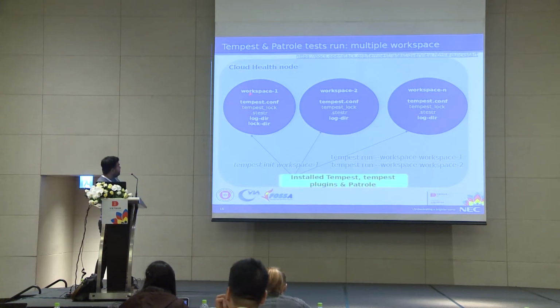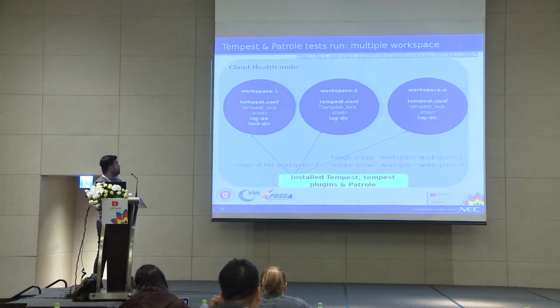When you go inside this workspace and run Tempest, it will use these configuration files. The second Tempest run, in parallel on the other workspace, will use its own configuration files.